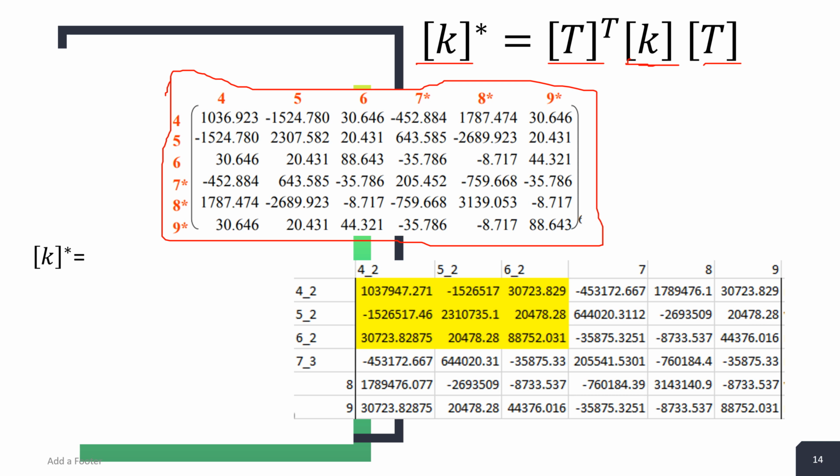Incidentally, I think it's still symmetric, because if you check, I think it's still symmetric. Yeah. But anyway, sometimes depending on the angle, after transformation, the matrix may no longer be symmetrical.